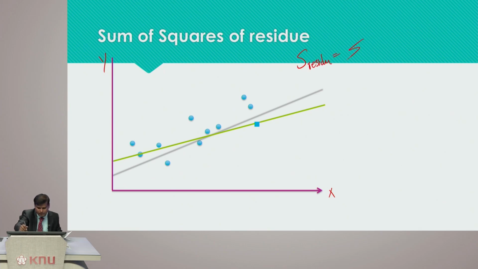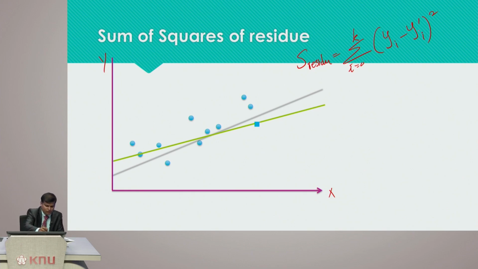The sum of residuals is the summation, i equals 1 to k, of (yi minus yi dash) the whole squared.